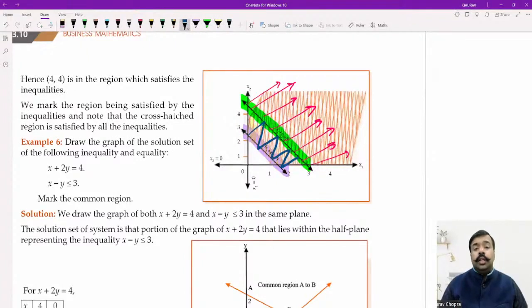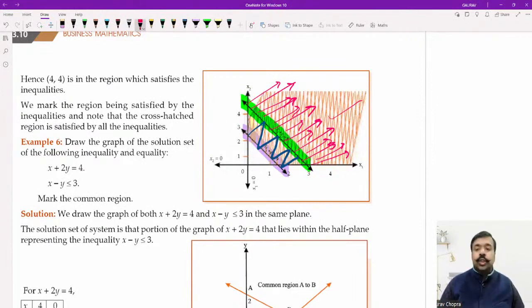This area only belongs to the first equation. But the one which we have marked with red resembles both equations, that is the first as well as the second one. So this is the required area. Okay, this is the required shaded region. All right.